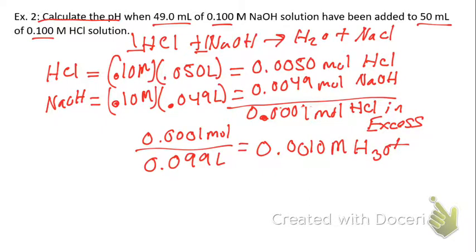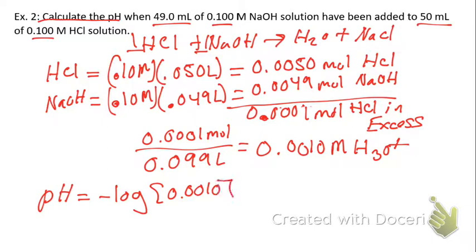Okay, so then we plug that into our pH equation. So the pH is equal to the negative log of 0.0010 molar, and therefore it gives us a pH of 3.